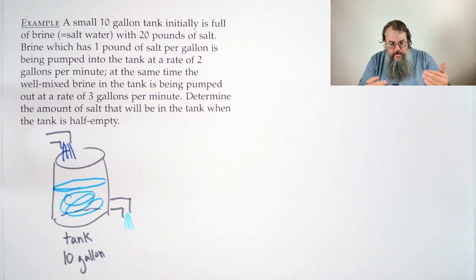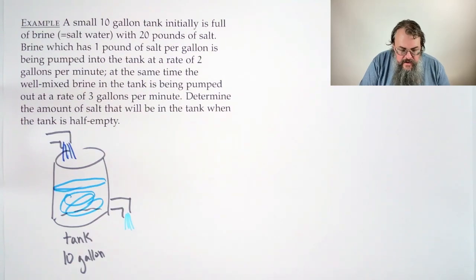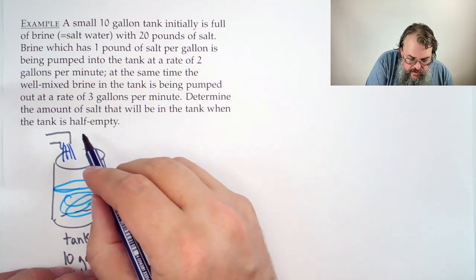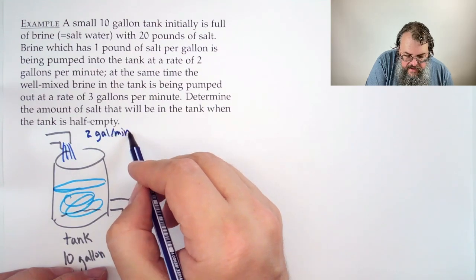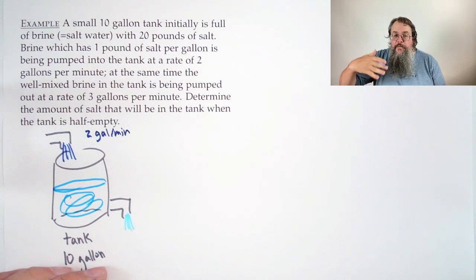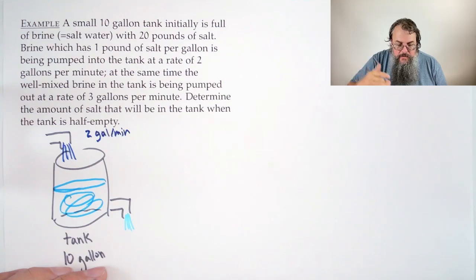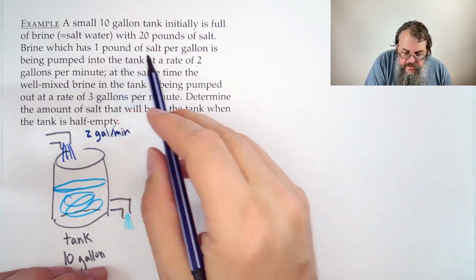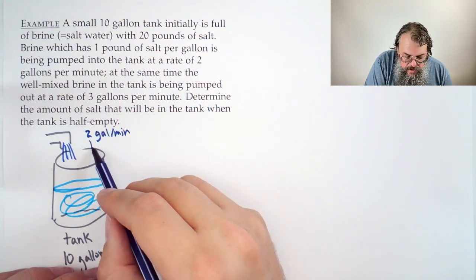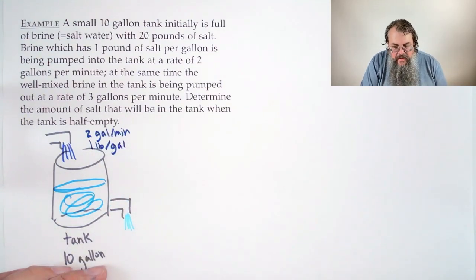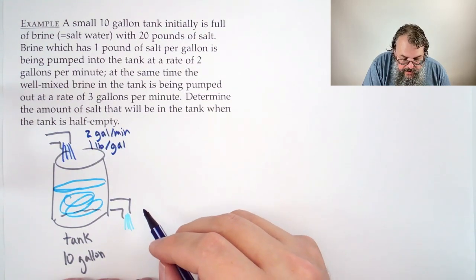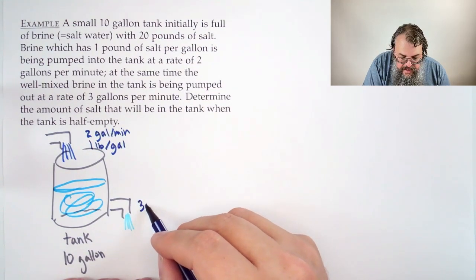When it comes to what's coming in, we know it's 2 gallons per minute, in terms of the mixture, the brine, the salt water, and there's 1 pound of salt per gallon. So 1 pound per gallon. All right, good. And our outflow is 3 gallons per minute.